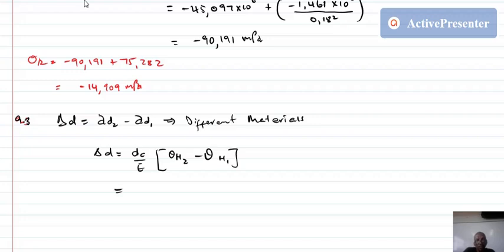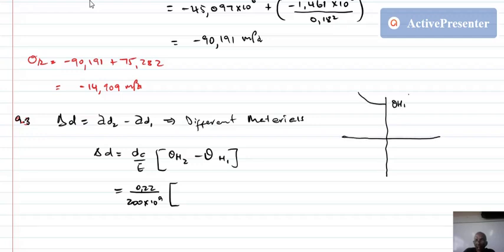Meaning that 0.22, not 10 to the power minus 3, it's 0.22. It is already in millimeters, right? 0.22 divided by 210 × 10^9 into hoop stress 2, meaning that here I'm at the common diameter, so I'm going to look for the hoop stress in and then hoop stress out at D, which is 220 millimeters.